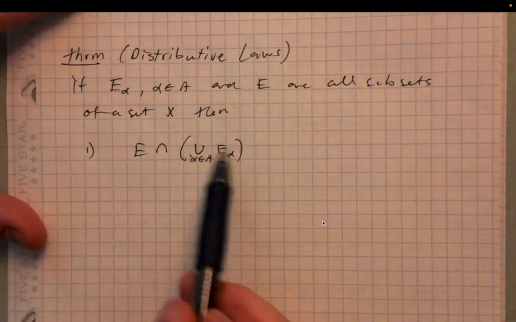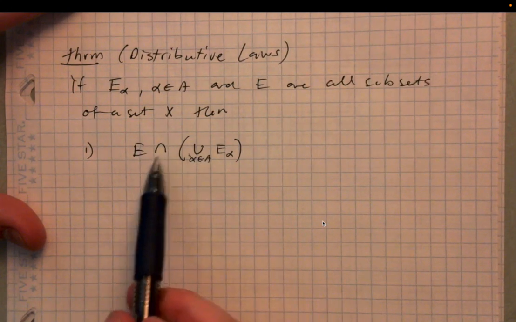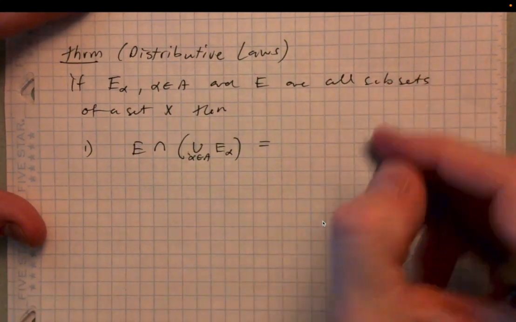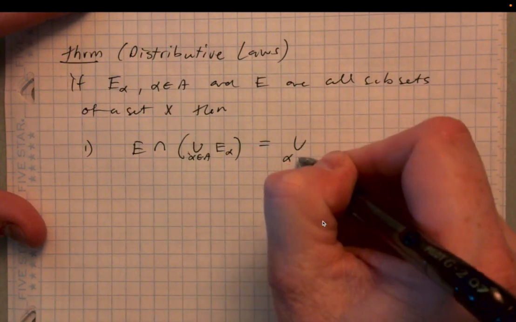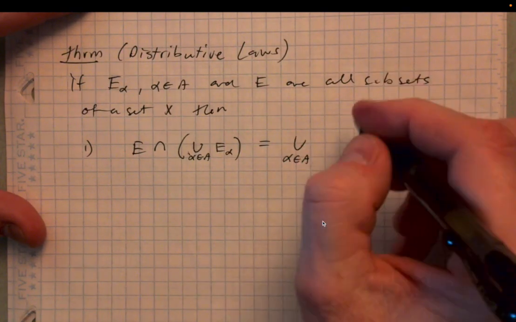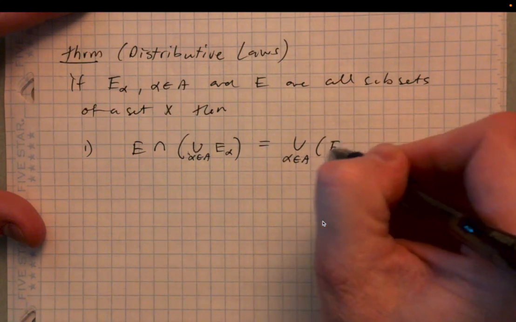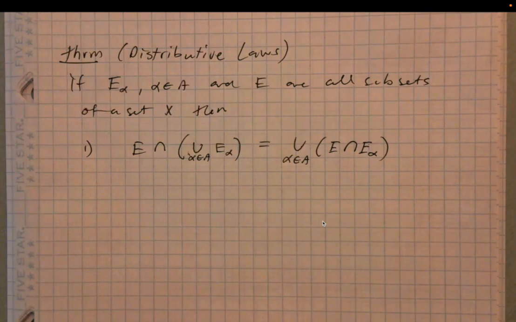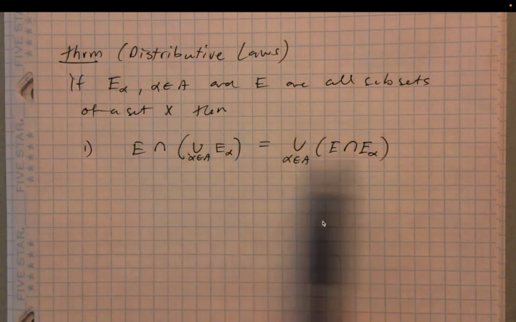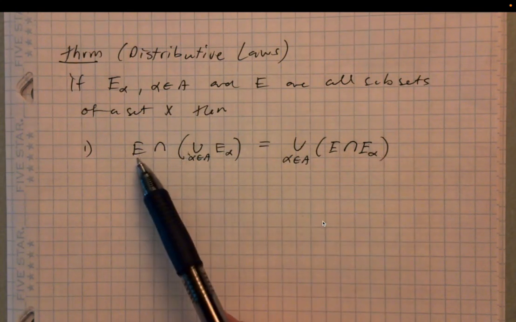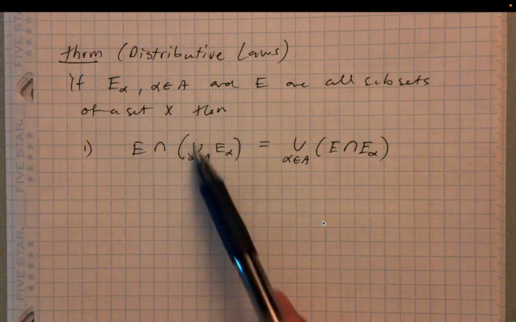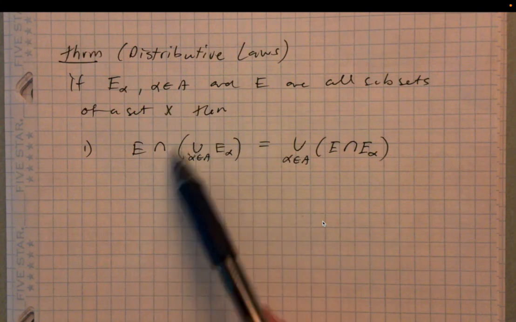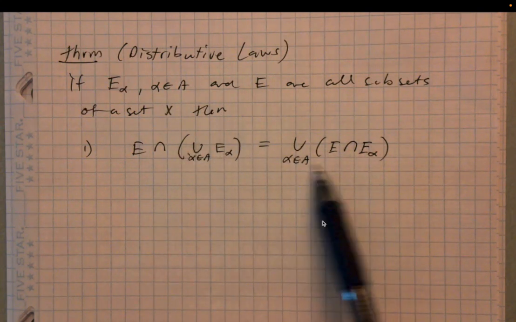So I've got the union of the indexed family intersected with this other set E. Well, that's equal to the union over alpha in A of E intersect E alpha. Okay, so that makes sense, right? E is intersecting a huge union, so it doesn't have to intersect everything, it just has to intersect something, and that's what you're seeing here.